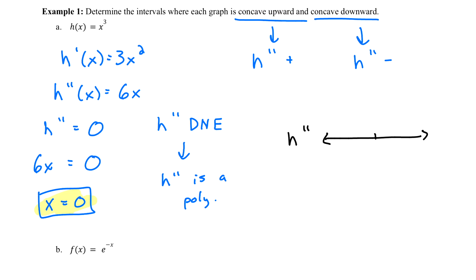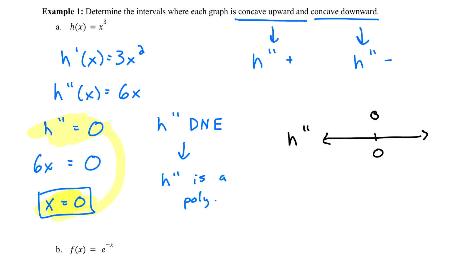The one partition number that we came up with was x equals 0. And just for my own knowledge, we found that x equals 0 by saying, where is the second derivative equal to 0? So I'm going to put a little 0 right above that just so I know the second derivative was equal to 0 at that point.